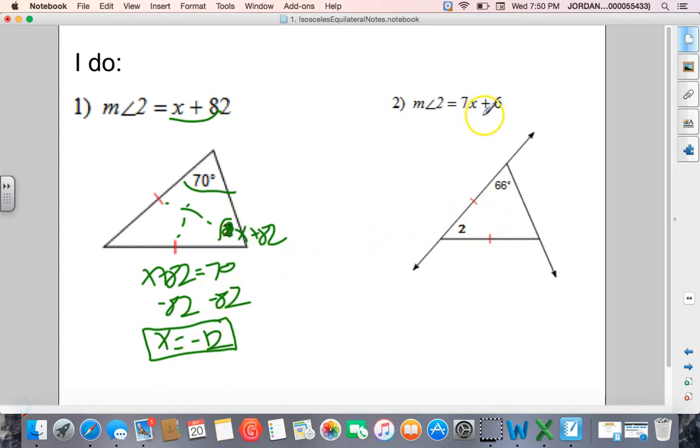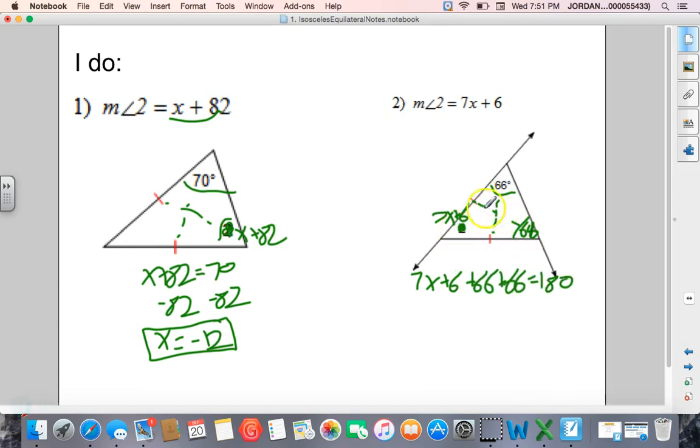And on this one, same type of thing. 7x plus 6 is angle 2. So we're just going to call this 7x plus 6. Alright, and if these sides are the same, the angles opposite are the same. So if this is 66, this one also is 66. So we can say 7x plus 6, which is the top angle, plus 66 twice must equal 180.